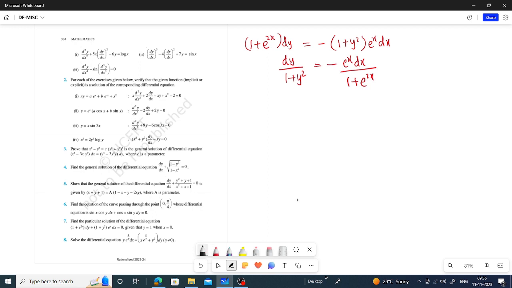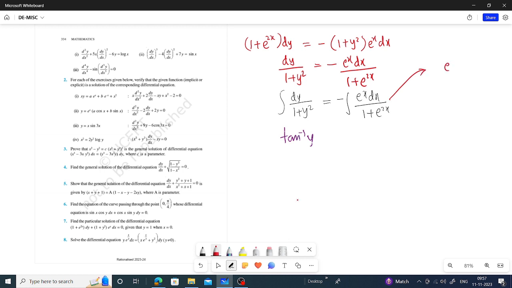The solution of variable separable is, after separating the variables, to integrate. So integral dy by (1 plus y square) equal to minus integral e raised to x dx divided by (1 plus e raised to 2x). This is in the standard form, and let us check how to integrate it.